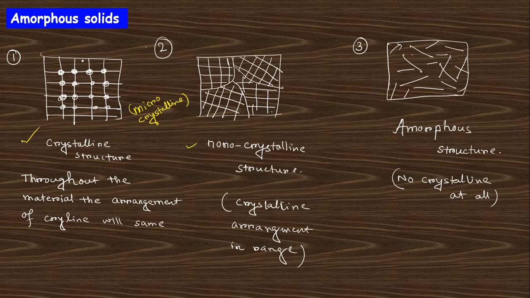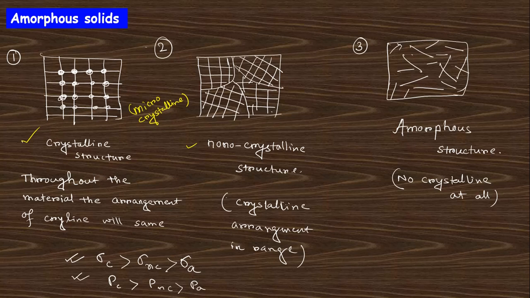In terms of conductivity, the conductivity of crystalline structure is much greater than that of nanocrystalline, which is greater than that of amorphous. And the production cost of crystalline is greater than that of nanocrystalline, which is greater than that of amorphous. So the production cost of amorphous is lower.